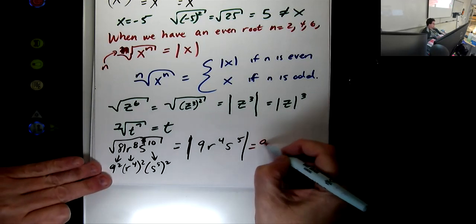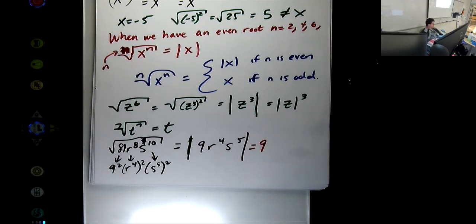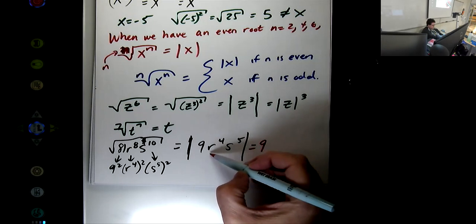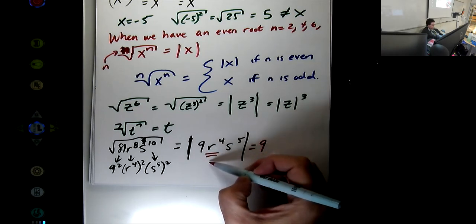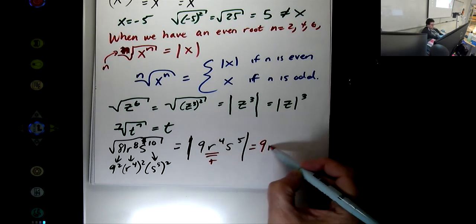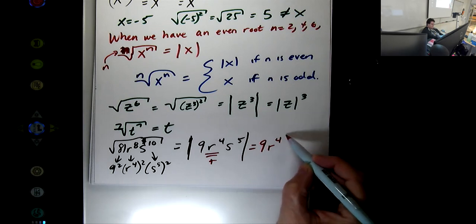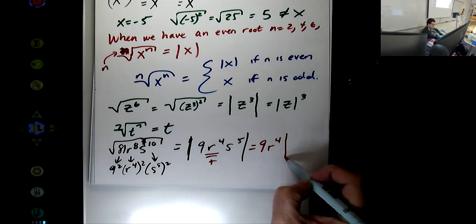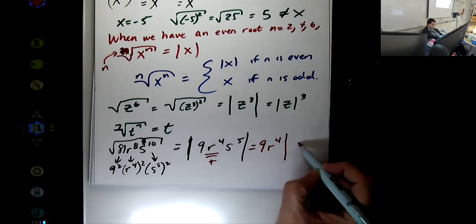Nine is one of them. 9's positive, right? Anything to an even exponent is going to be positive too. So I actually pull out the r to the 4th. It's not wrong to leave it in, but it's not necessary.